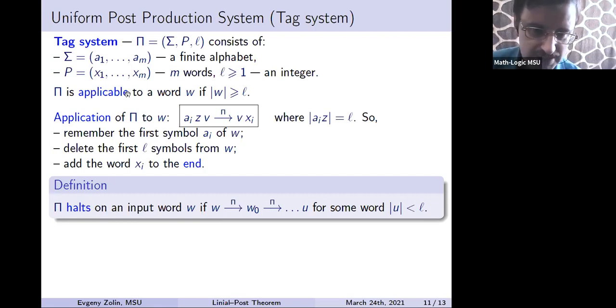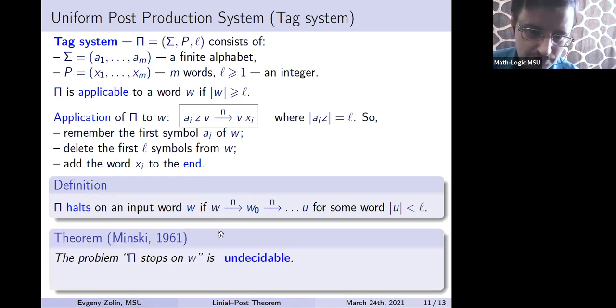It may seem that these are very simple transformation systems, so that it will be quite easy to check whether our system stops on this particular word W. However, it turns out that it is impossible to check this problem given a tag system and a word.